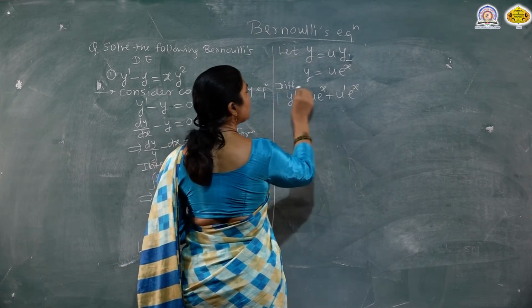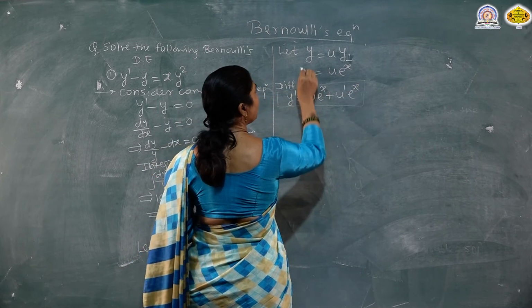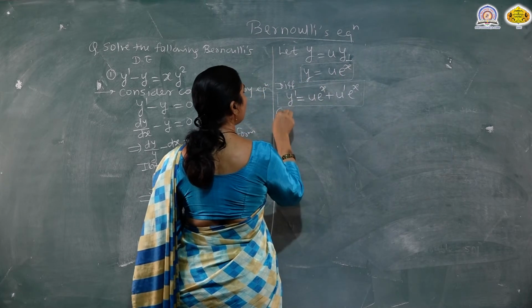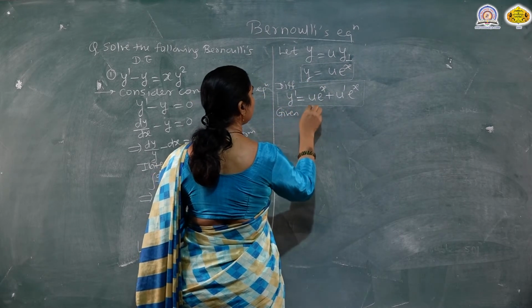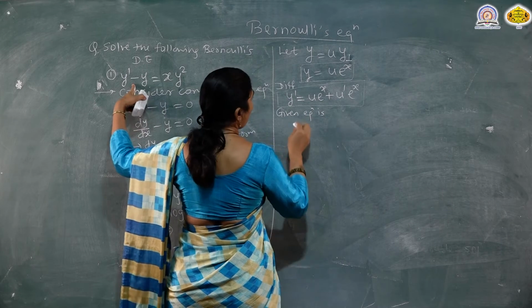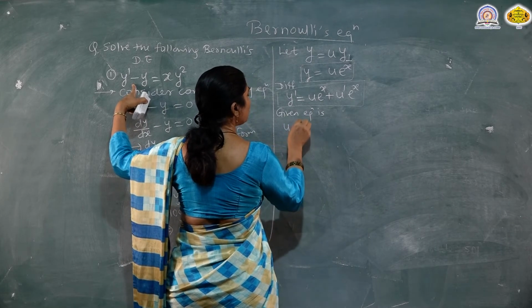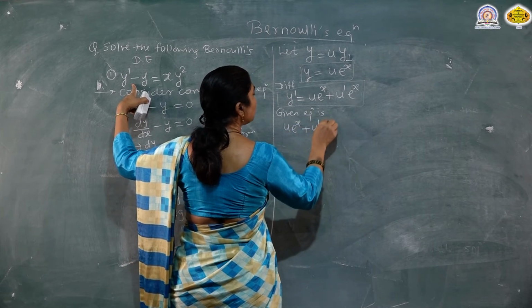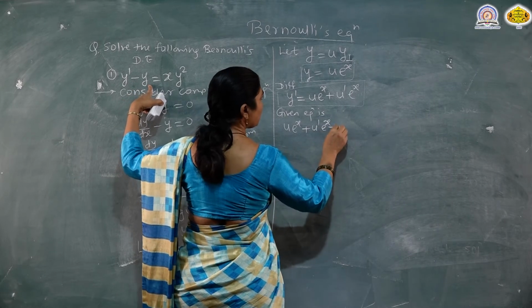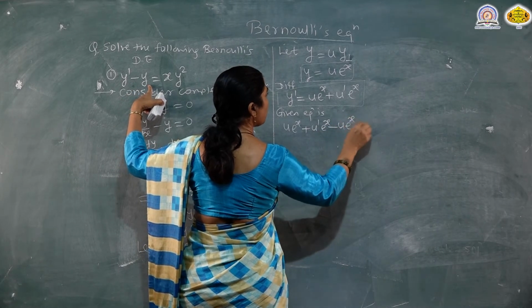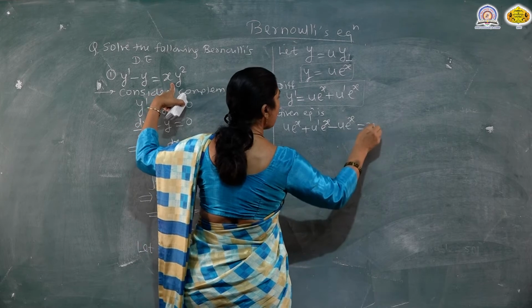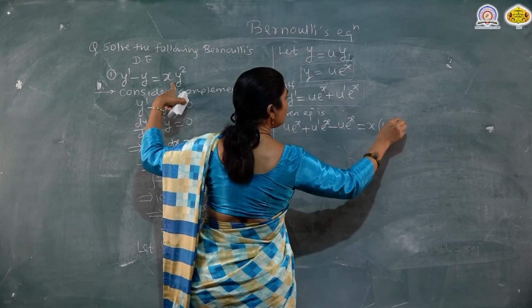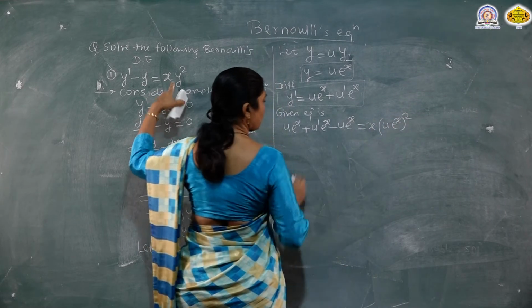Now substitute this y' and y in the given equation. So the given equation becomes y', that is u e^x + u' e^x, minus y, that is u e^x, equal to x y^2, that is x (u e^x)^2.